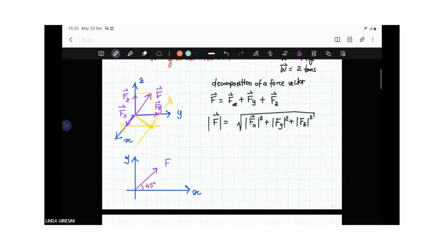So this is the force. And I know that Fx is the horizontal component of the vector. I also know that Fy is the vertical component of the vector. These are vectors as well. Okay, these are vectors.